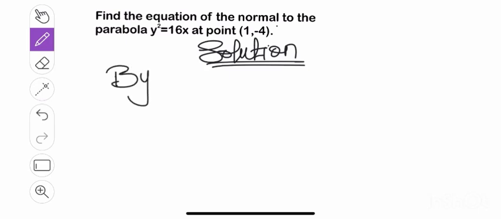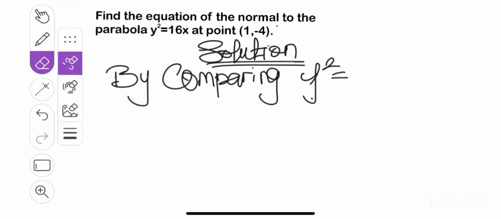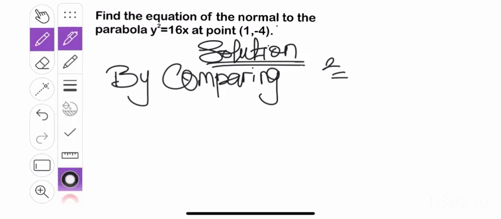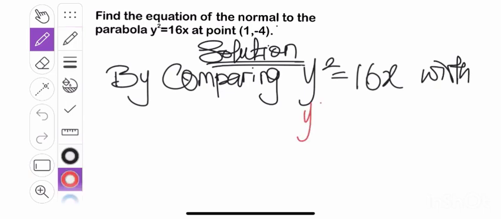So by comparing the equation given to us, which is y squared equals 16x, we'll compare it to the general form, which is, let me write that properly, y squared equals 4ax.